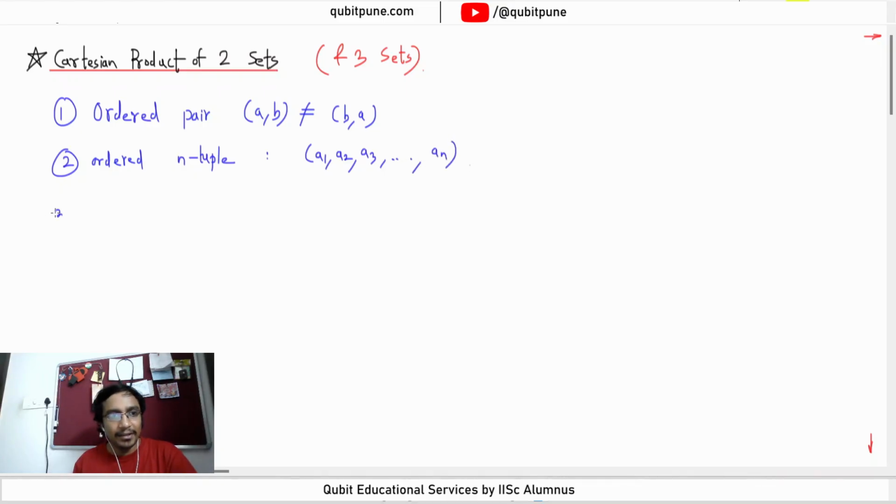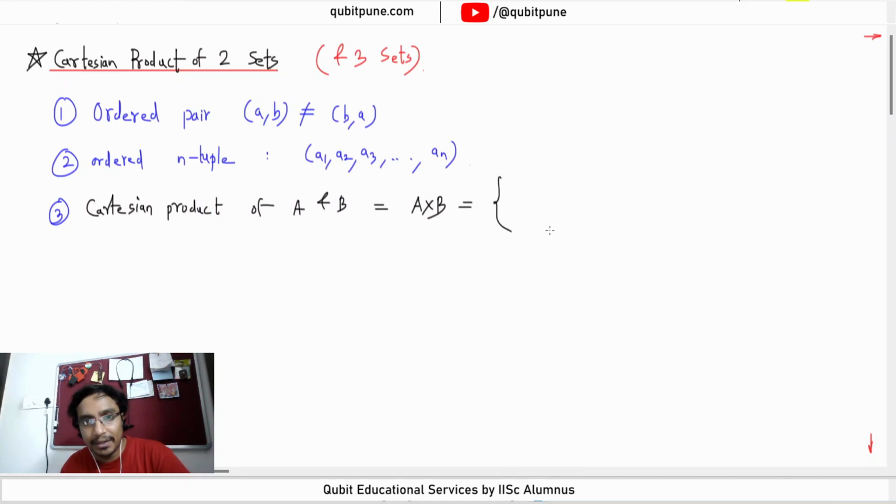Let us first define the Cartesian product of two sets. What is the notation? The notation is very similar to cross product.